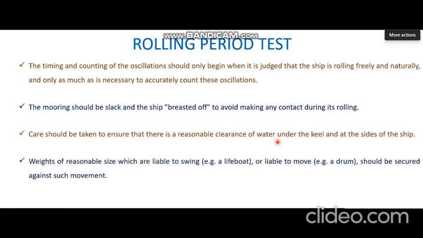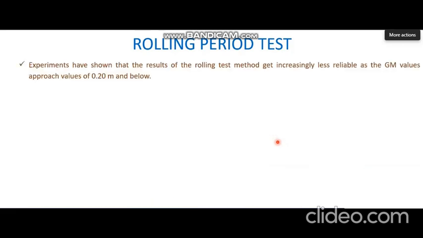Weights of reasonable size which are liable to swing, for example lifeboat, or liable to move, for example drums, etc., should be secured so that they don't move when the vessel rolls from one side to another. The free surface in the tanks should be kept as small as practicable during the test. These are the precautions for the rolling period test.